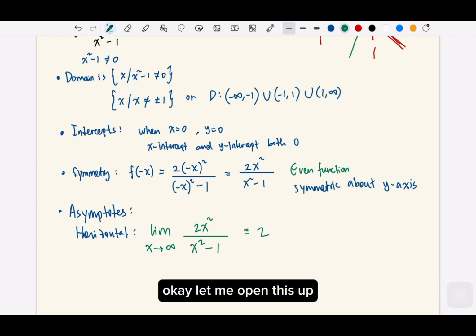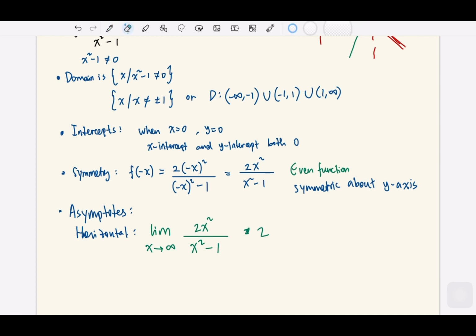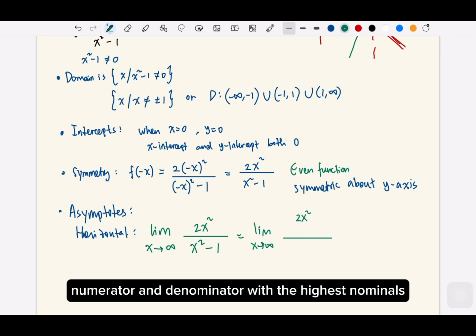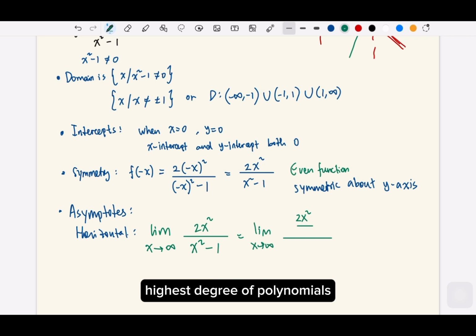Okay. Let me open this up. A little bit of review on limits. So whenever we have this, what we are going to do is divide both numerator and denominator by the highest degree of polynomials, which is x squared in this case.